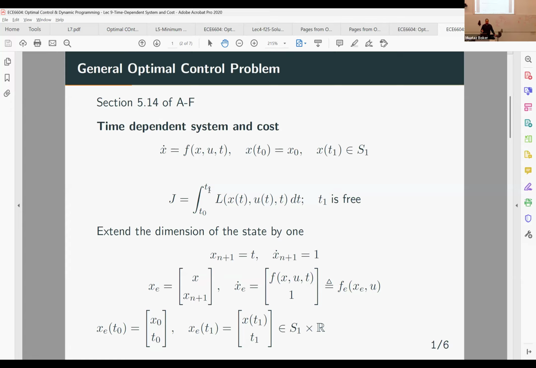And by stability, or asymptotic stability, I should say, we mean that we need to drive all the states to the equilibrium. And the equilibrium for the system, when the system is linear, is the zeros, the origin.